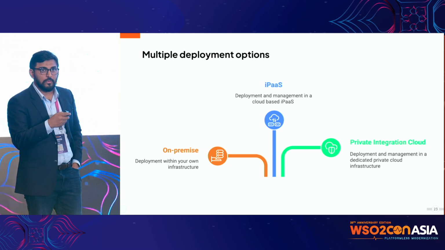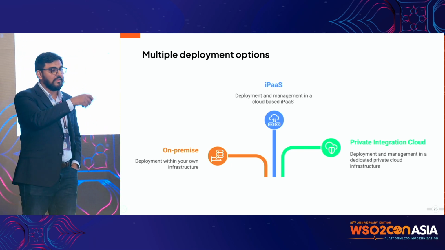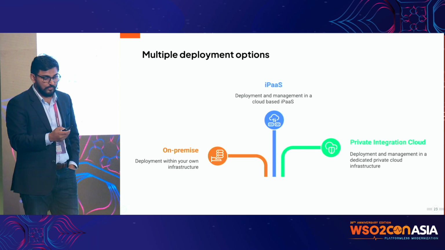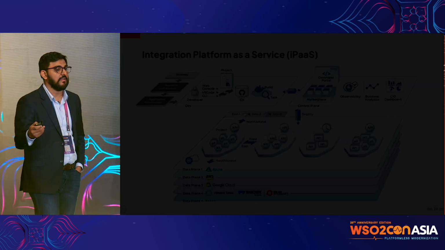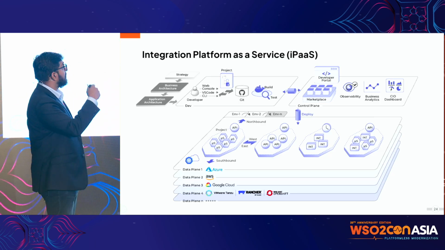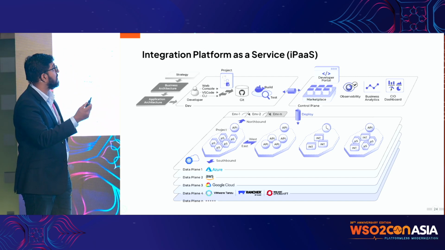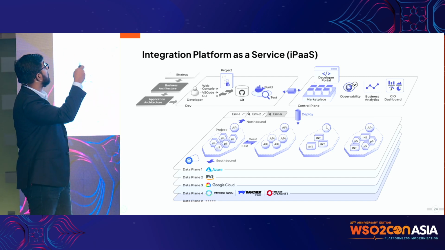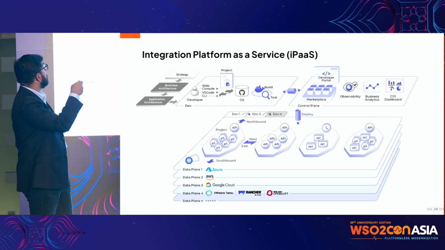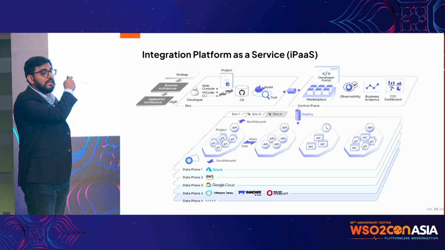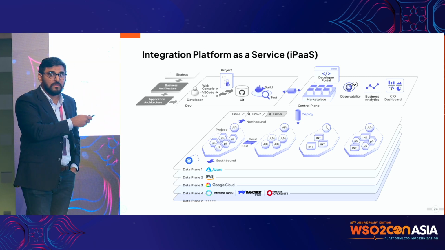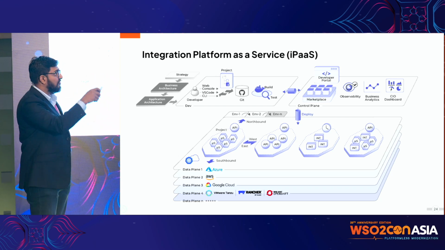So multiple deployment options, and choose a technology that can give all these flexibilities for you. And WSO2 is definitely one of those, right? And so this is just a high-level architecture of the iPaaS, how things work. For example, how you strategize your integration, and then business architecture, and how you bring that to a running environment. And none of these are managed by you mostly.